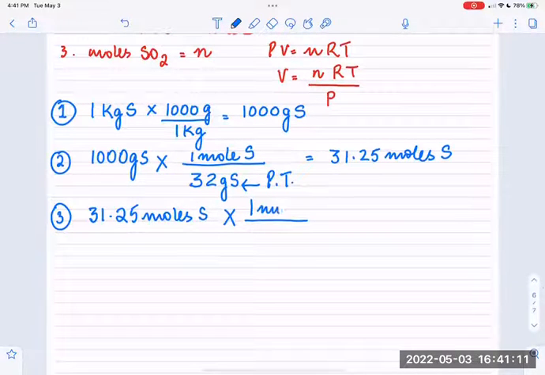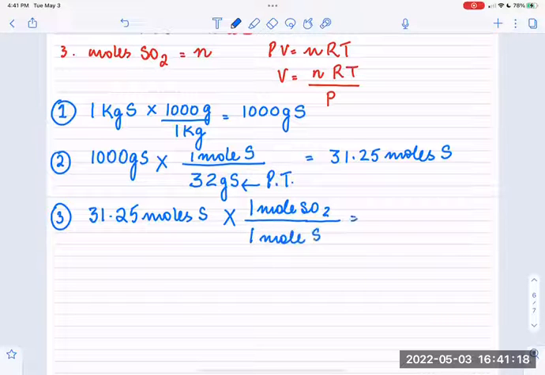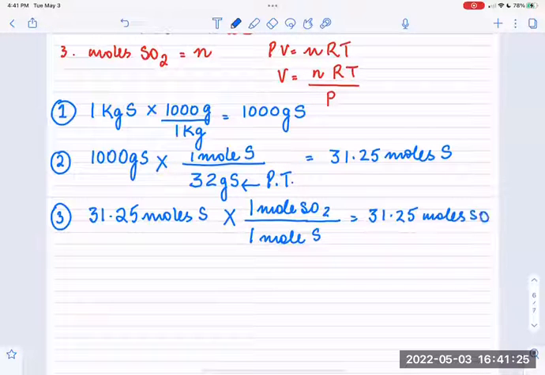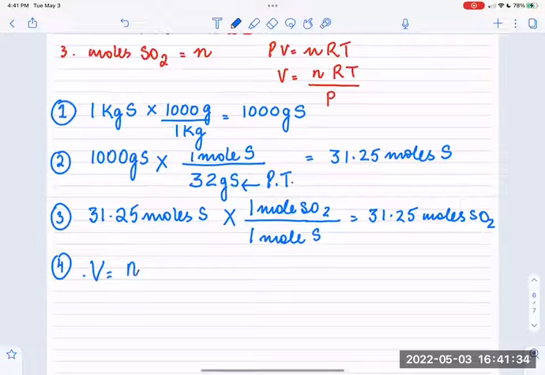So 1 mole of sulfur dioxide over 1 mole of sulfur, and you get 31.25 moles of sulfur dioxide. All right, now we have the moles of sulfur dioxide, right? So volume is equal to nRT over P. So that's for the sulfur dioxide. So we need to find the volume of sulfur dioxide.